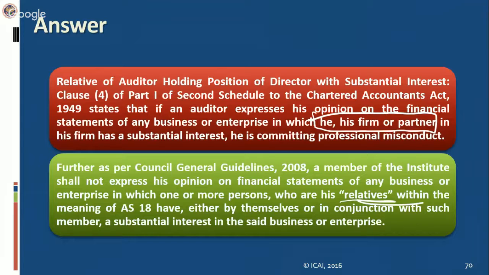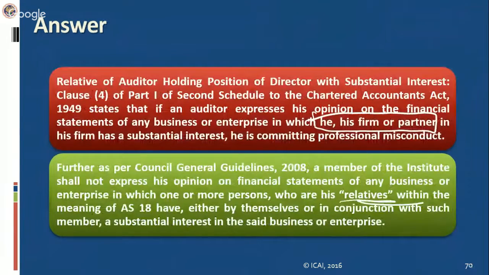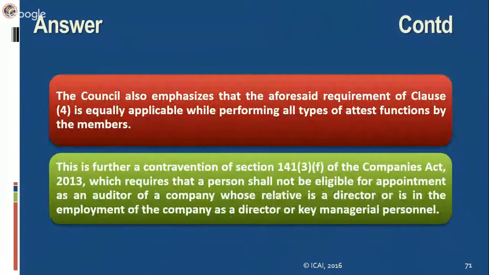Therefore, the person shall not express his opinion on the financial statements. Yet the Council also emphasizes that the aforesaid requirement of clause 4 is equally applicable while performing all types of attest function. Now you have given the reference of clause 4, and then again you need to give the reference of section 141(3)(f), which is also attracted here in the case of a company.